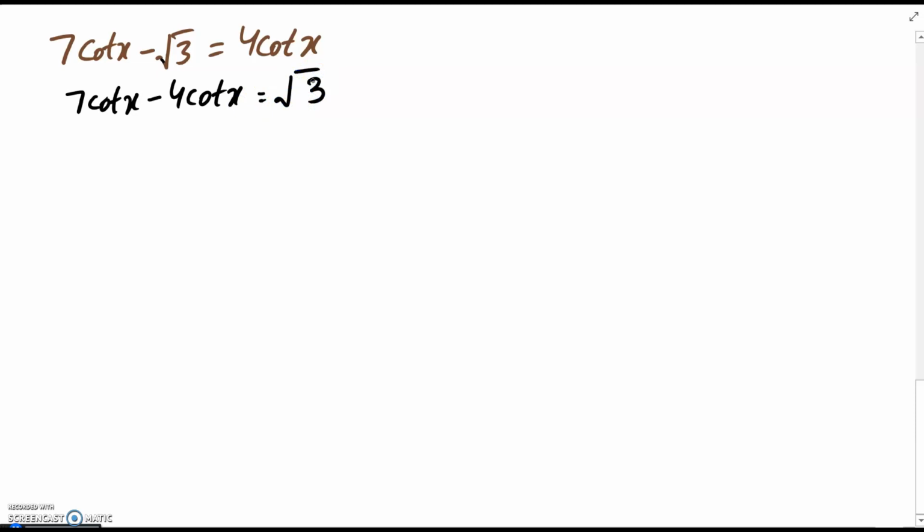Okay, 7 cot x minus 4 cot x is going to be 3 cot x equals square root 3, and then divided by 3 on both sides, you will get cot x equals square root 3 over 3.